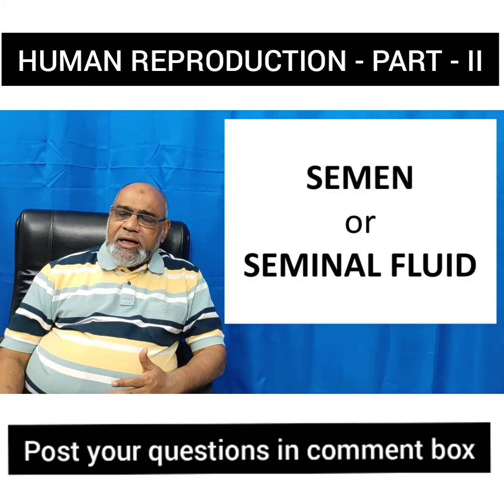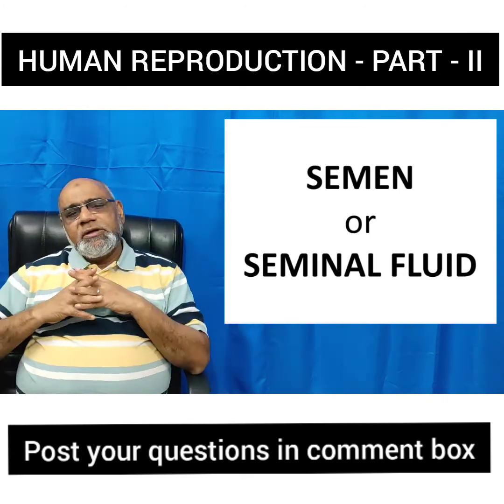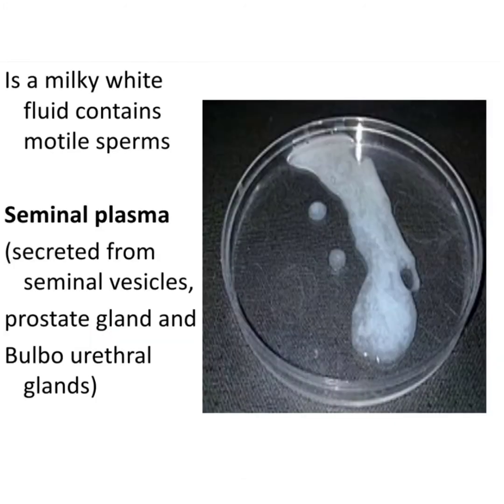Now let us discuss about the semen or the seminal fluid. What is it? It is a milky white fluid that contains the motile sperms that are formed in the testis and the seminal plasma. The seminal plasma is a combination of the fluids that are secreted from the seminal vesicles, prostate gland, and the bulbourethral glands.